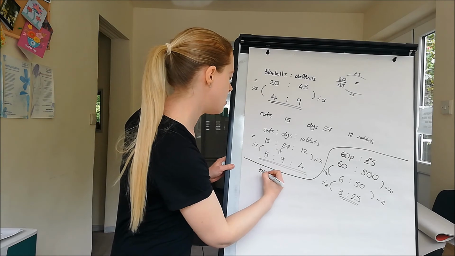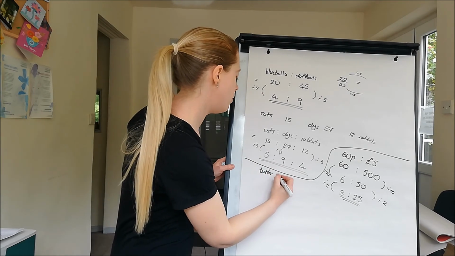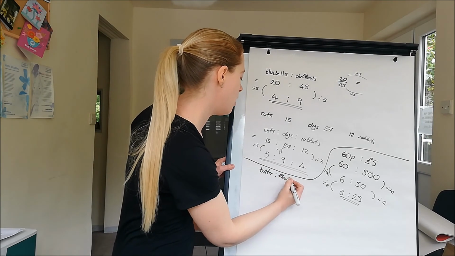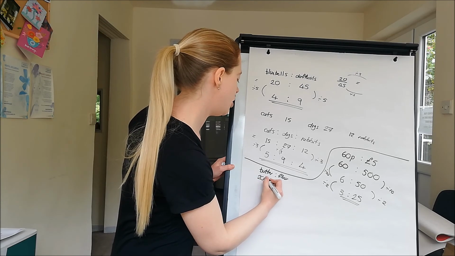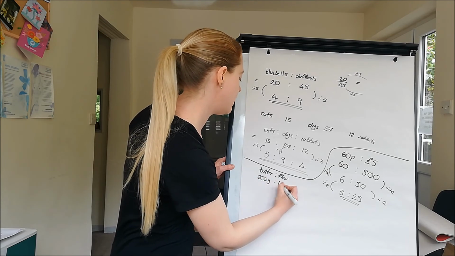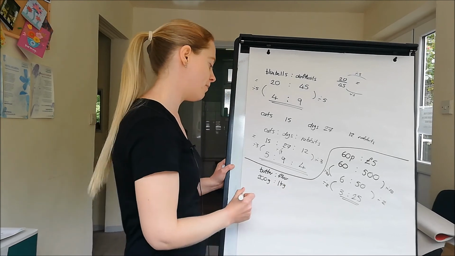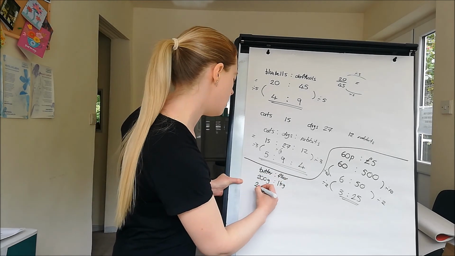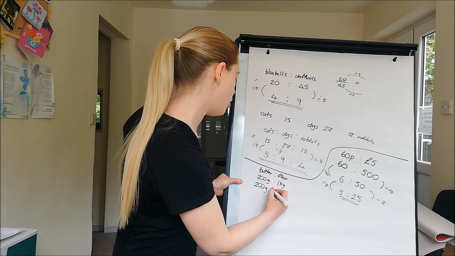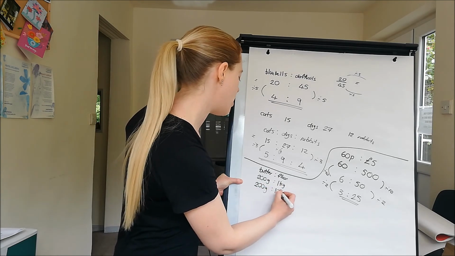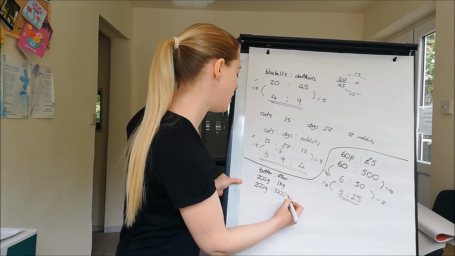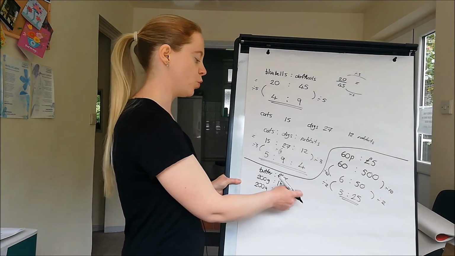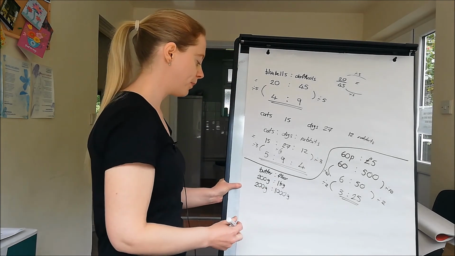So here we had butter to flour was in the ratio 200 grams to 1 kilogram. But that's not comparing like with like. So we have 200 grams to 1,000 grams if we're putting them in the same units, because there's 1,000 grams in a kilogram.